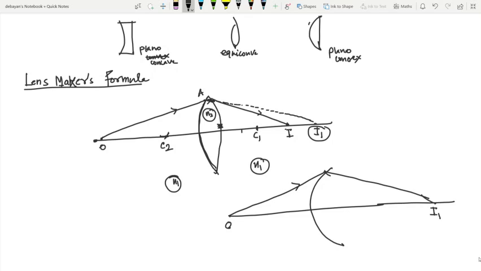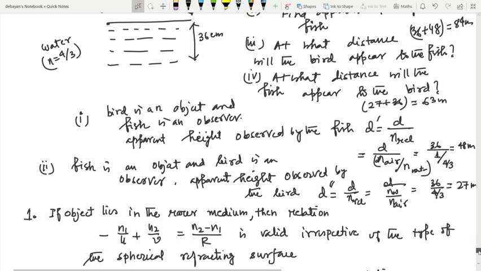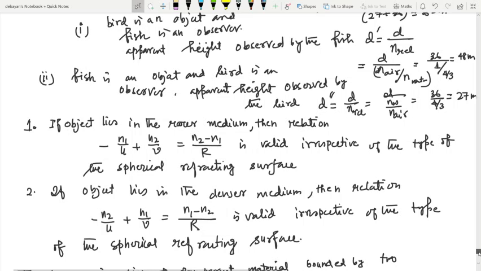In this particular case, the object lies in the rarer medium. So since the object lies in the rarer medium, we will use the first formula: if the object lies in the rarer medium, then the relation is n1 by u plus n2 by v equals n2 minus n1 by r.